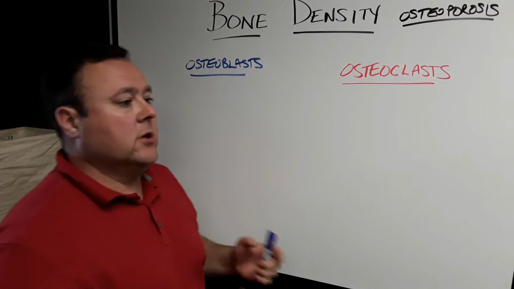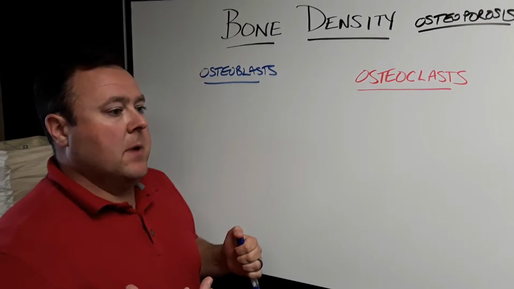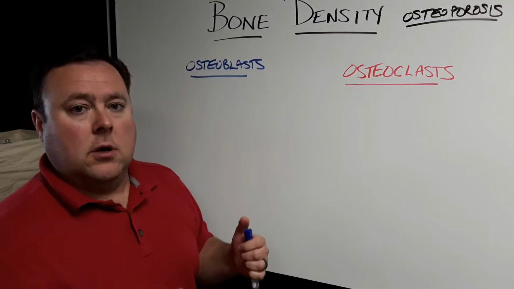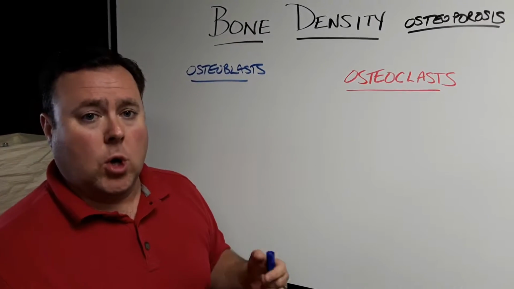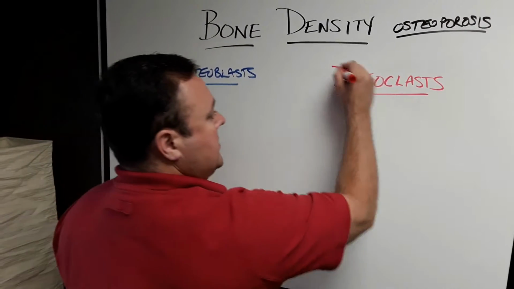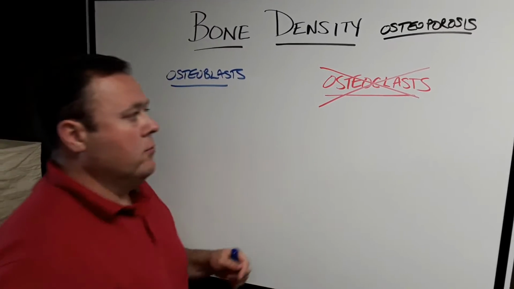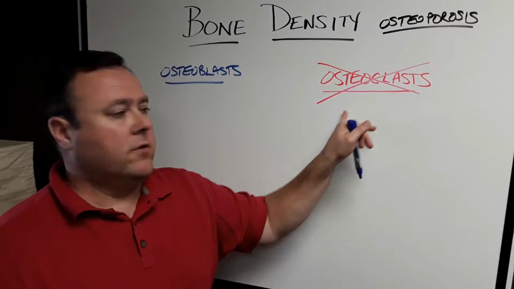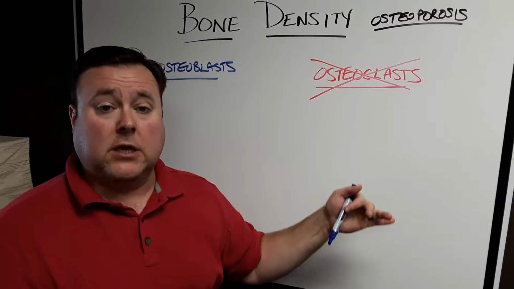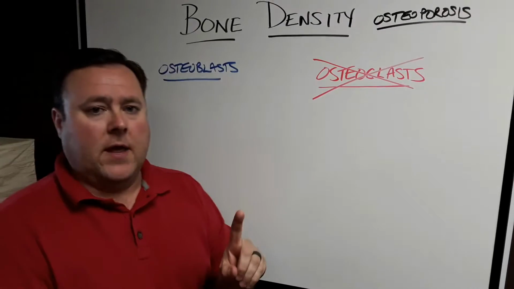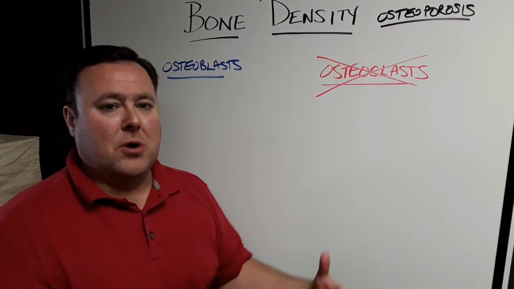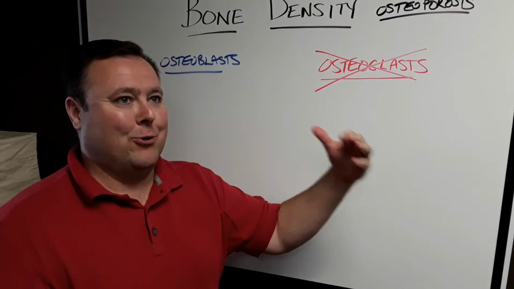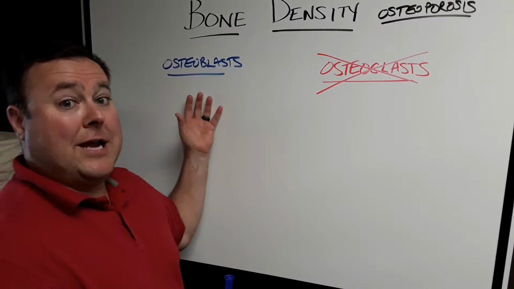So here's what I'm learning. Particular osteoporosis medications work by knocking these things down. They reduce their ability to do their job, so they're not breaking down bone, which sounds like a good idea, except for one thing. Our ability to break down bone is what creates the ability for the osteoblasts to create new bone.